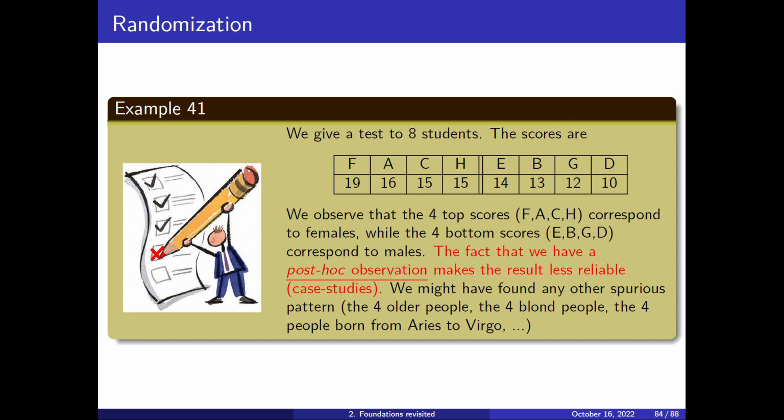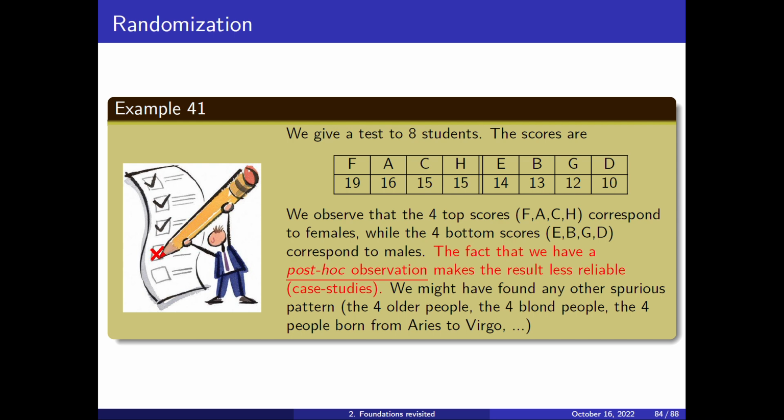Could be maybe they are blonde people, so being blonde for some reason makes you smarter, or maybe they are the people born from Aries to Virgo. So if you measure many characteristics, it is likely that you will find one that is different between the 2 groups. It may be true.